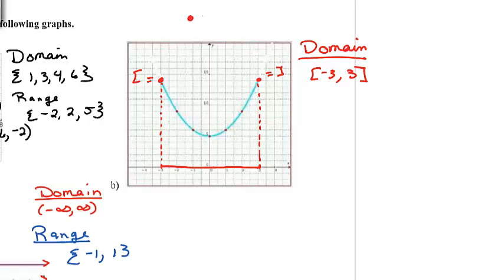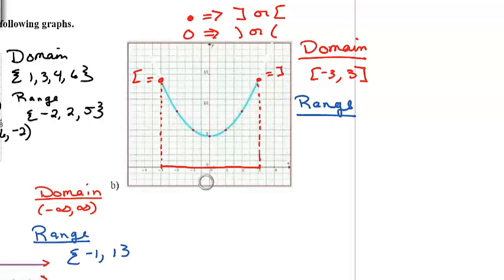Okay, so a filled in dot means you use square. Open means you use round. And then we want the range. The range is the set of all y values, so there's no graph way down here.